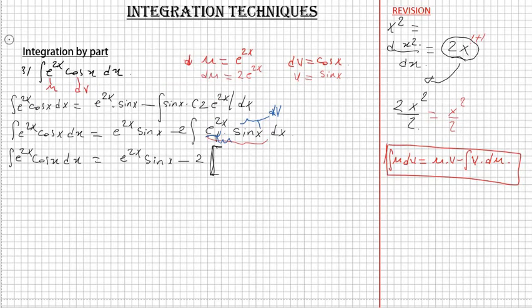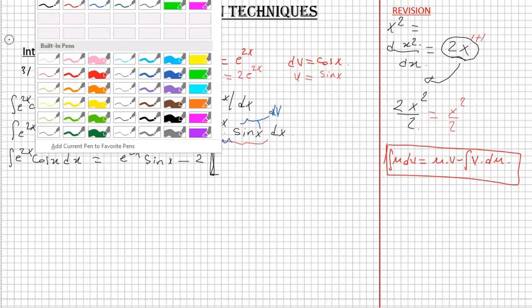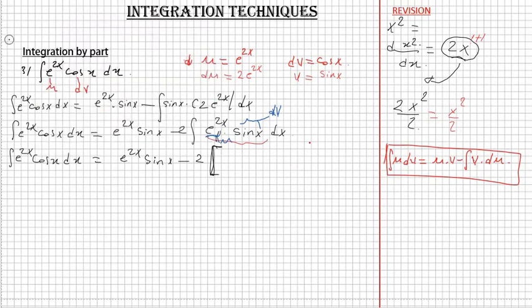So here I'm going to say that u is equal to e to the power of 2x and the derivative of u is 2e to the power of 2x, and then I have the derivative of v, which is sine x.